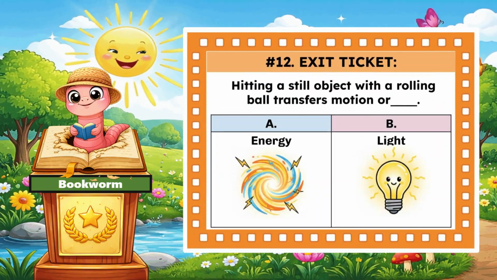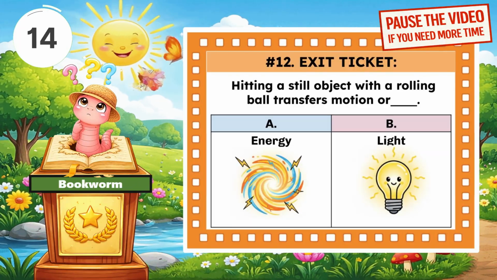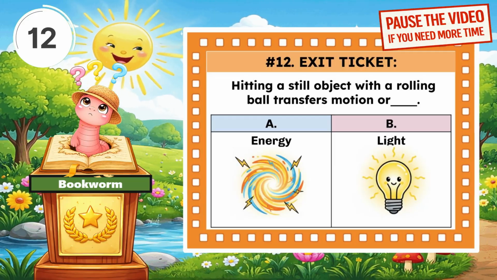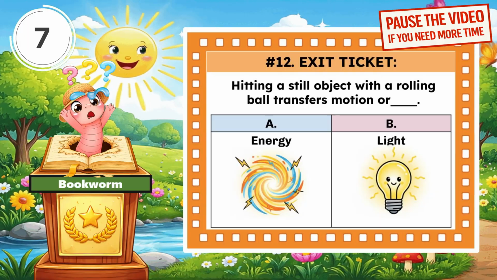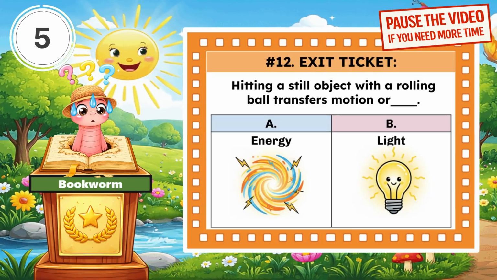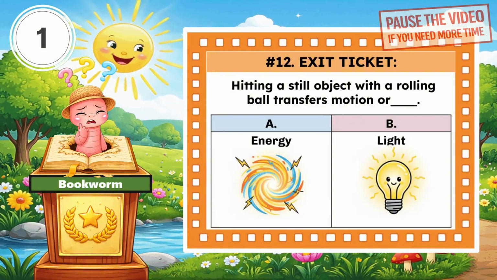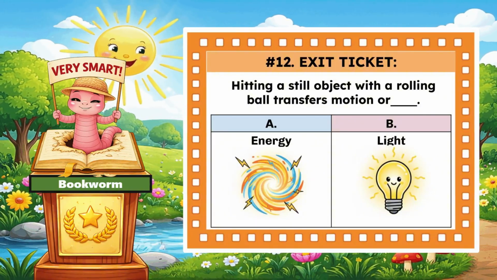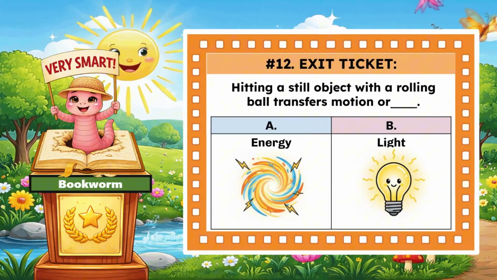Hitting a still object with a rolling ball transfers motion or blank? And the correct answer is letter A, energy.